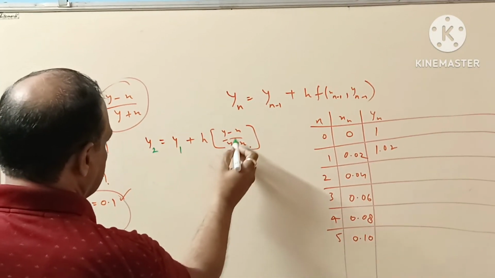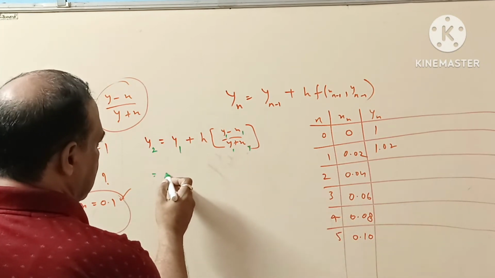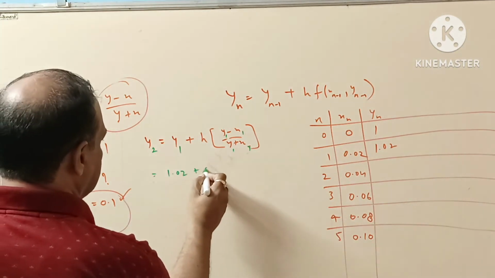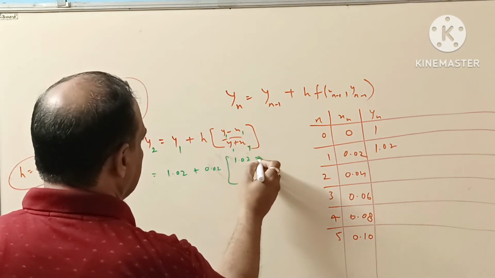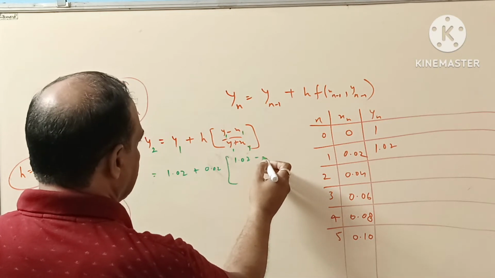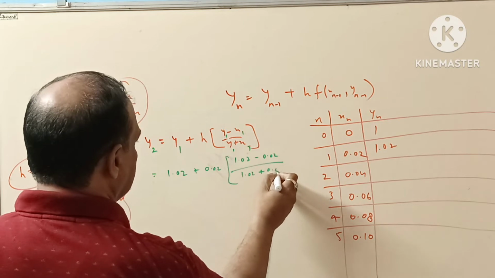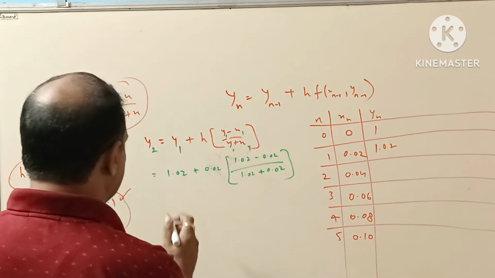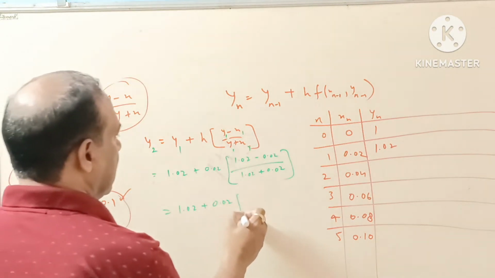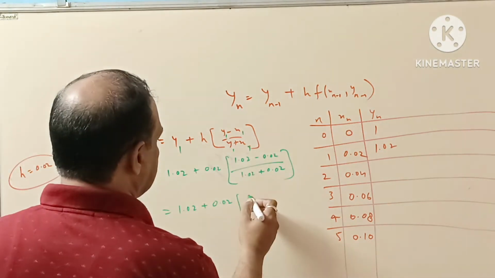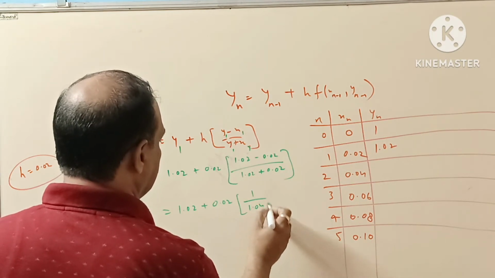Now here y1 is 1.02, h is 0.02, and it is y1, 1.02 minus x1, 0.02, over 1.02 plus 0.02. If you go to solve this, this is 1.02 minus 0.02, which gives 1 in the numerator, and in the denominator you are having 1.04.